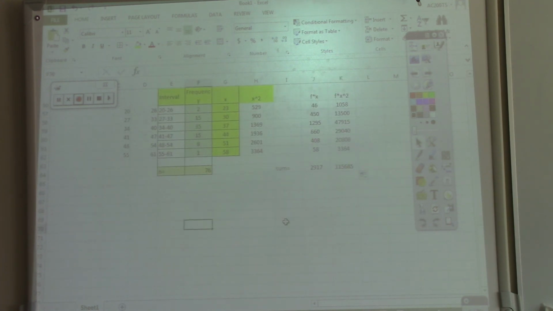So the standard deviation is equal to n times this number, f times x squared, minus this number raised to the what?